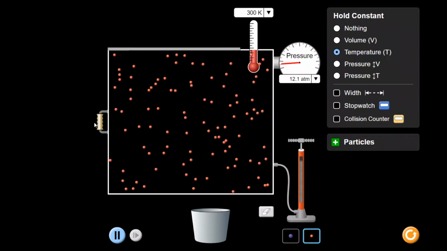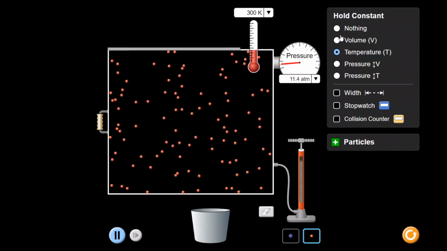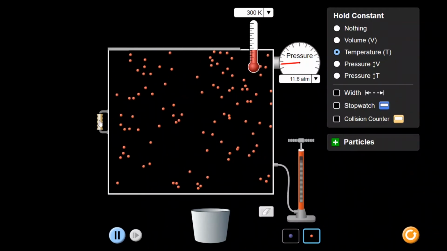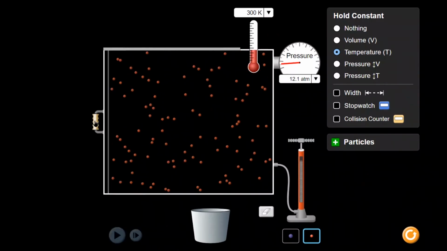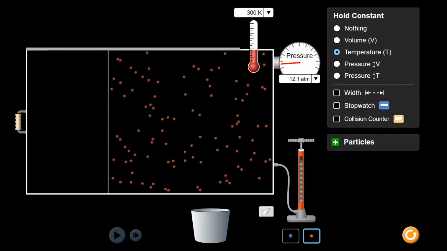As I move this out and in, I want you to take note of what's happening to our pressure. If the volume increases, what's going to happen to our pressure? Let's check it out. We're going to increase the volume. All right, let's be dramatic. Well, I think that's as big as it goes.